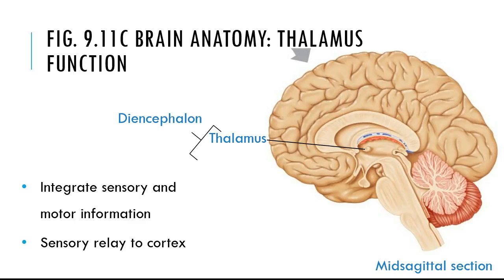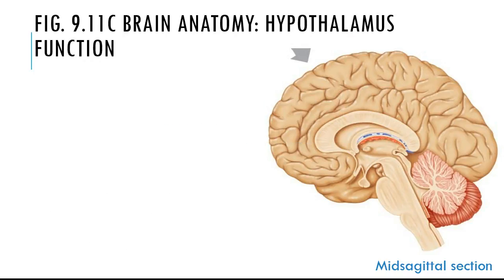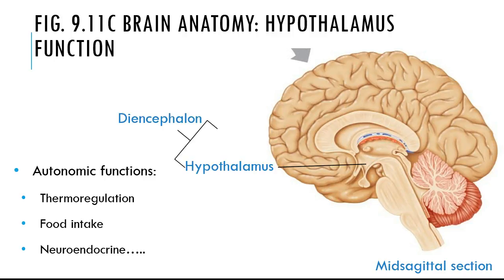Similarly, we've already discussed the function of the hypothalamus. We categorized it as autonomic functions, maybe your life-sustaining functions: temperature, food intake, and its role in controlling the anterior pituitary. I have the ellipses there as well, because it's involved with darn near everything.